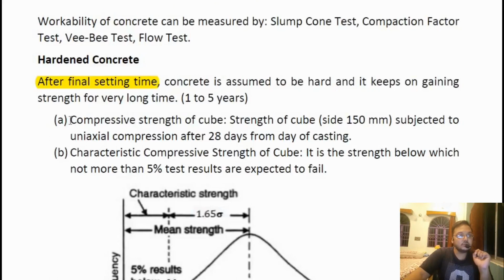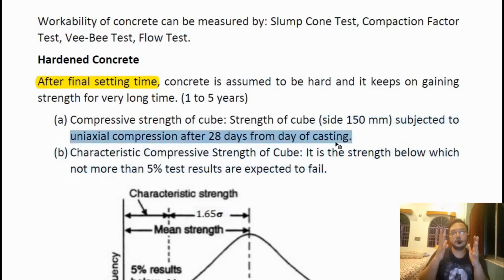So it brings us to 2 different strengths, the compressive strength of the cube and the characteristic compressive strength of the cube. So what is the compressive strength of the cube? It is the strength of the cube of side 150 mm, which we in general use in our labs, a cube of 150 by 150 by 150, subjected to uniaxial compression after 28 days from casting.